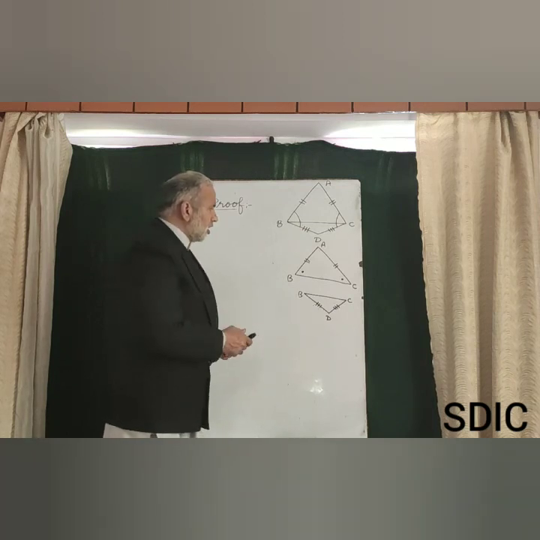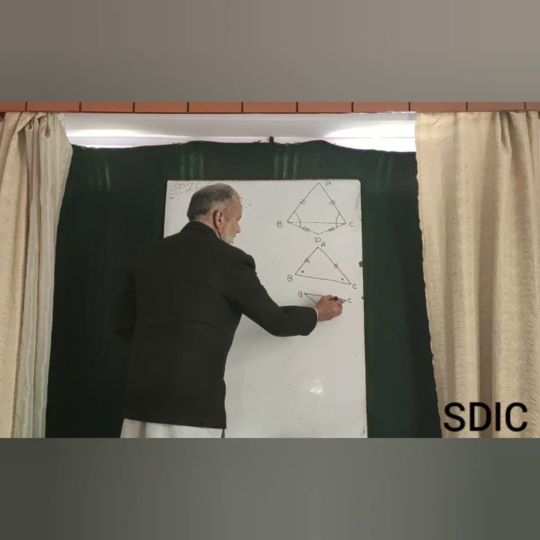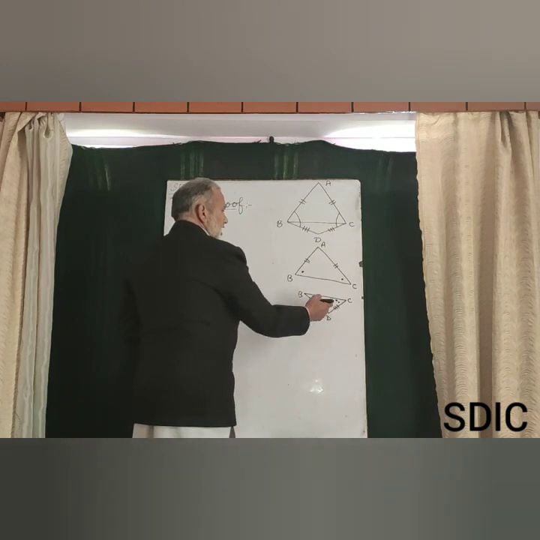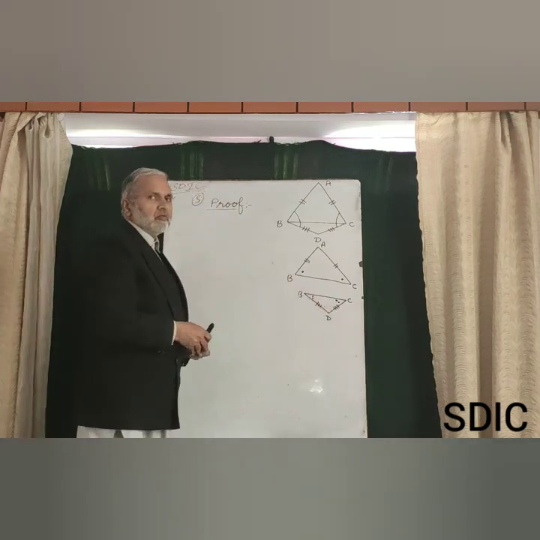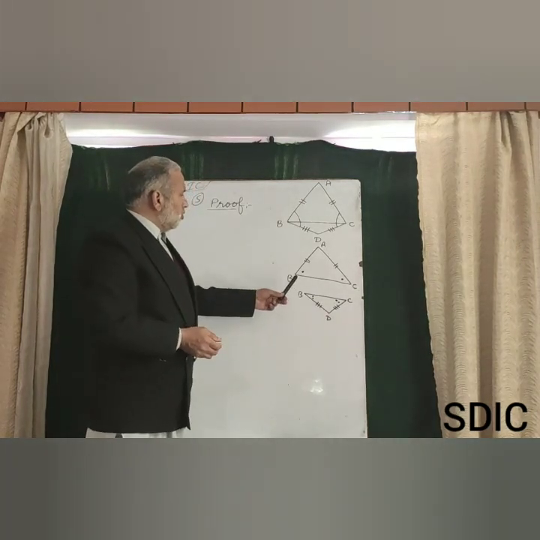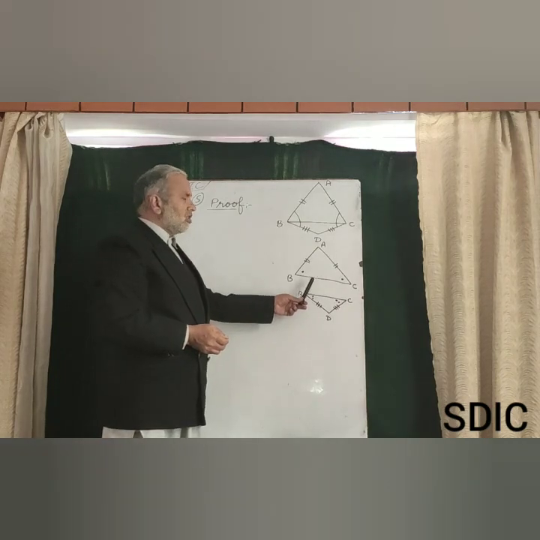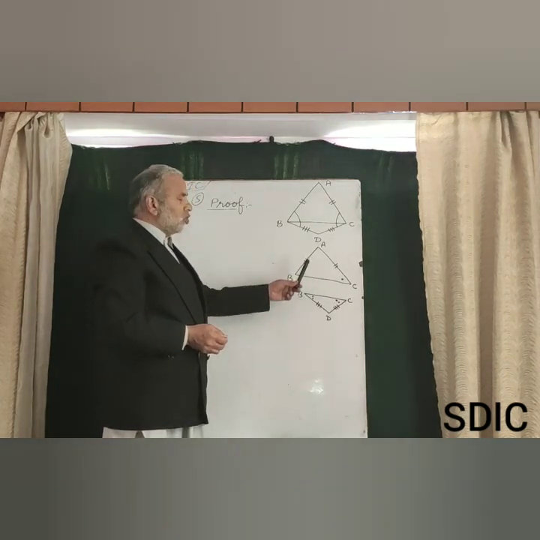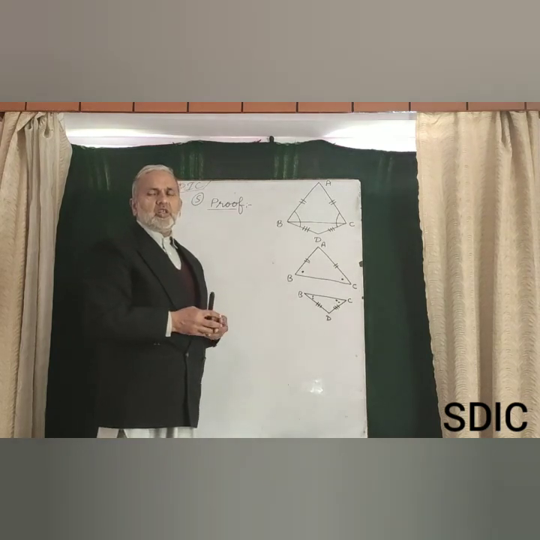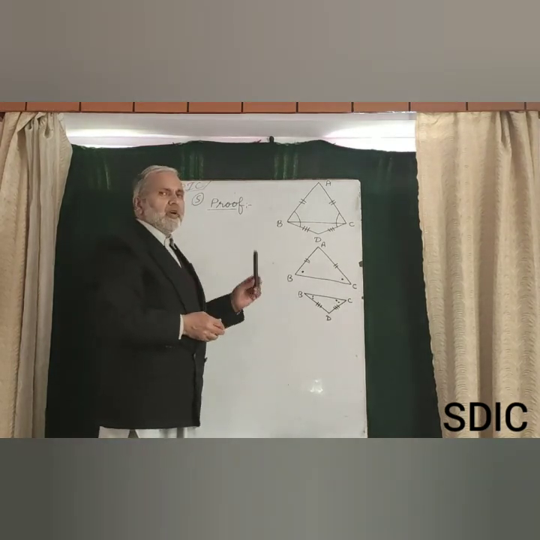Angle opposite to BD is angle C, the full name we shall write angle BCD. And the angle opposite to side CD is the angle at vertex B. After using this result twice in the two triangles, we'll add the two results. Addition of the results will give us the final result.